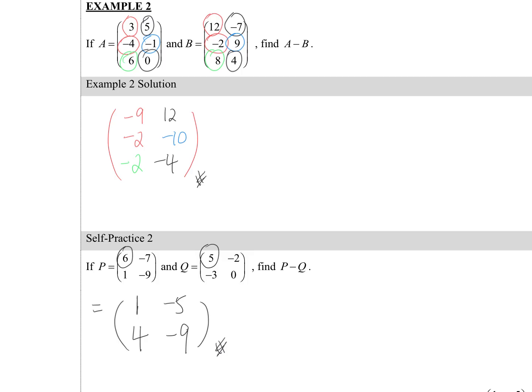Because it's 6 minus 5 minus 7 minus 2, so become plus 2. 1 minus negative 3 become 4. Negative 9 minus 0 become this. So when you do the subtraction, do properly.